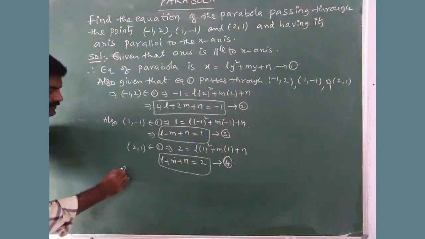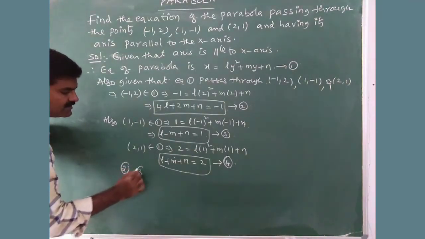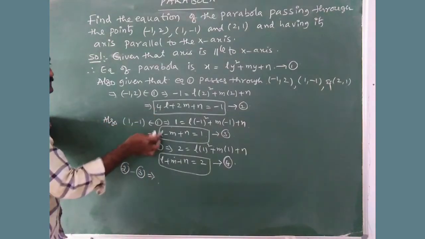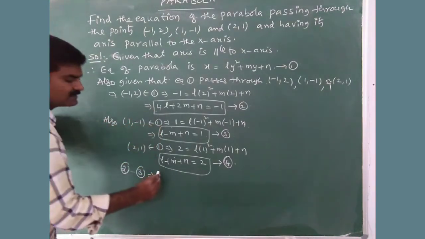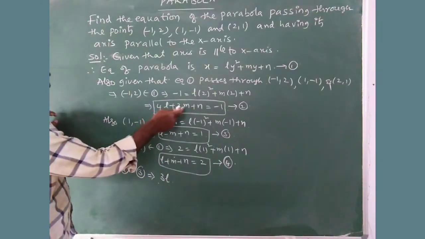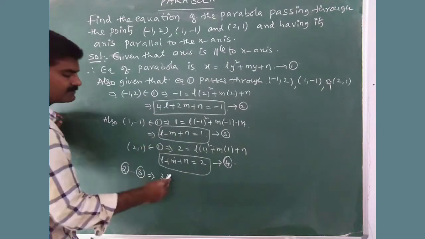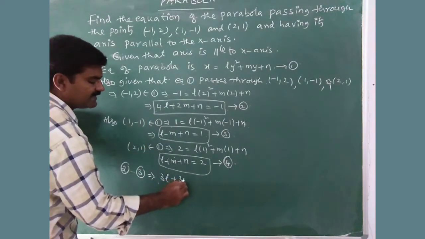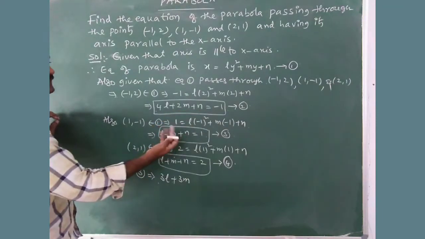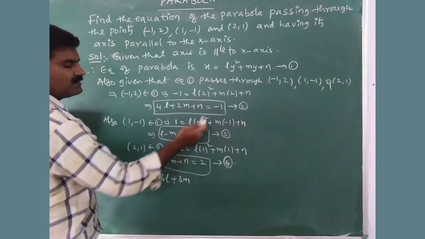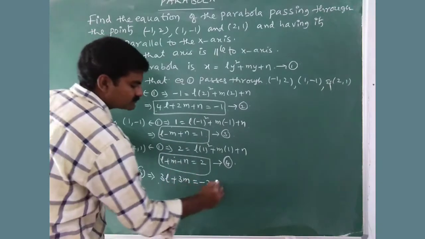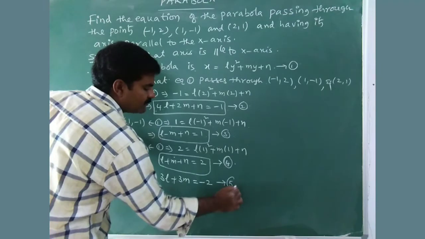Do one thing: equation 2 minus equation 3 implies, let us see, 4L minus L, 3L; 2m minus of minus m, plus 3m. Anyhow, n and minus n cancel. 2 minus 1, which is equal to 2. So let it be equation number 5.